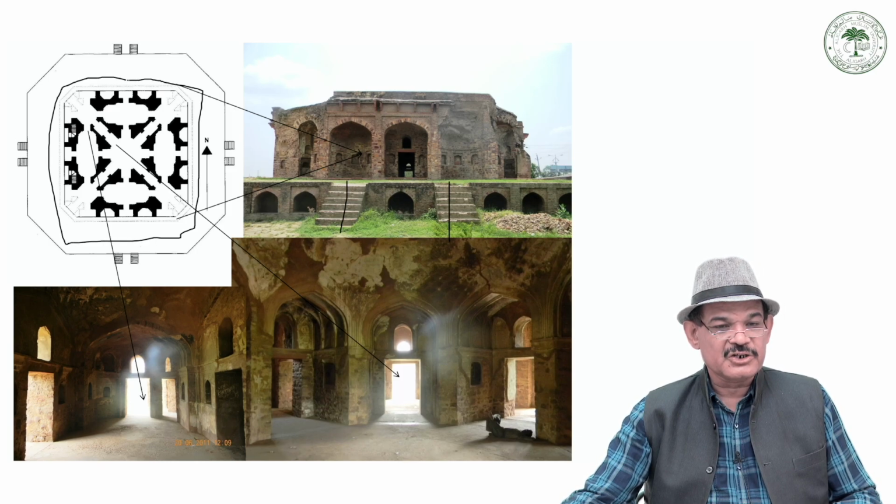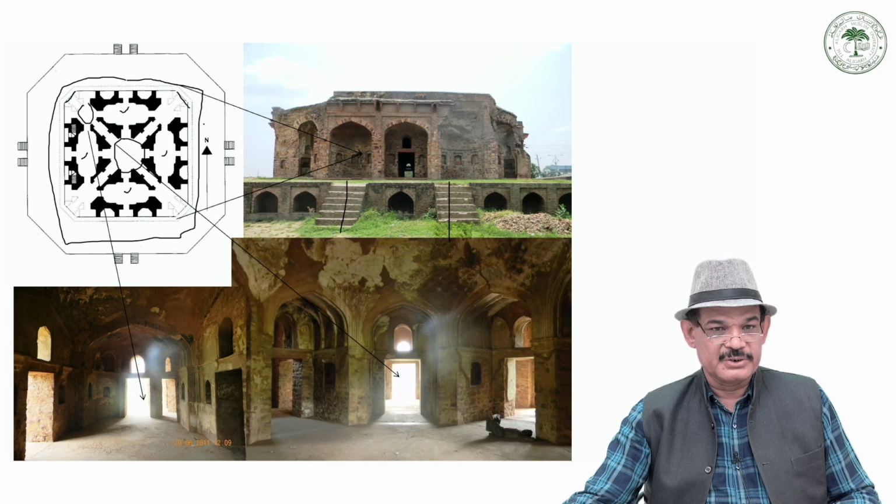This structure is square where the corners were chamfered, and it is built on a hasht-bihisht plan, a non-tripartite plan. The central octagonal chamber is surrounded by the cardinal chambers and corner chambers. Corner chambers are double-storied.